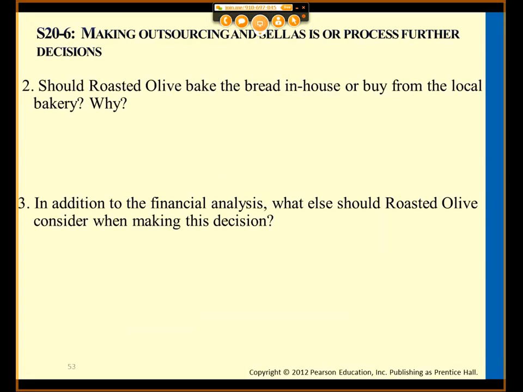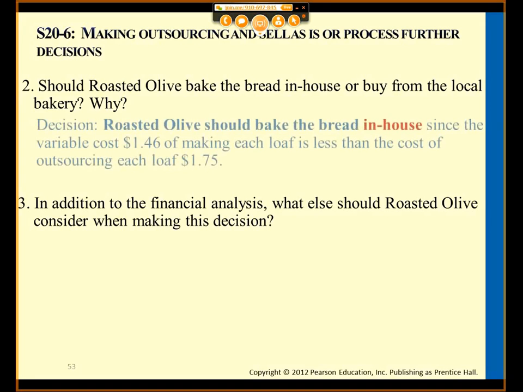We're going to try to answer the second question. Should roasted olive bake the bread in-house or buy from the local bakery? What do you think? I think that they should bake it themselves because that fixed cost is per baking each loaf of bread. So if they're not baking that loaf of bread, they don't have that fixed cost anymore.